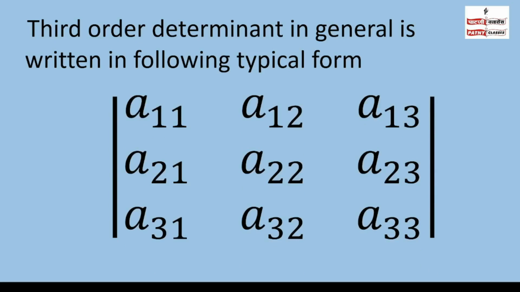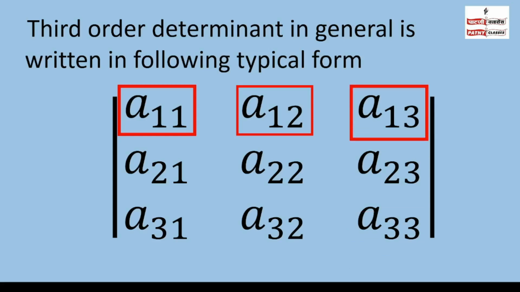Example, A11: for this first element, 11 stands for the element being present in the first row and first column. A12: 1 stands for first row and 2 stands for second column. Thus A12 is present in the first row and second column.